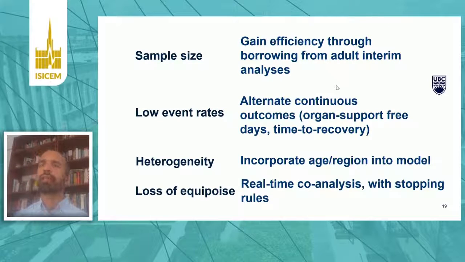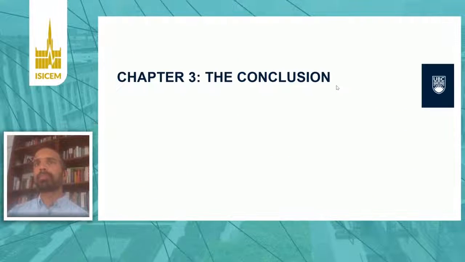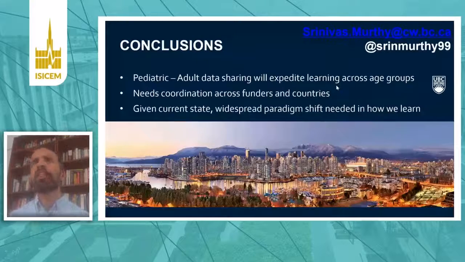And loss of equipoise. I think with a real-time co-analysis across age groups, both pediatric and adult, with clear stopping rules embedded, equipoise or the loss therein is partially overcome. So to conclude, pediatric adult data sharing at the same time from a co-analysis perspective will expedite learning across age groups.